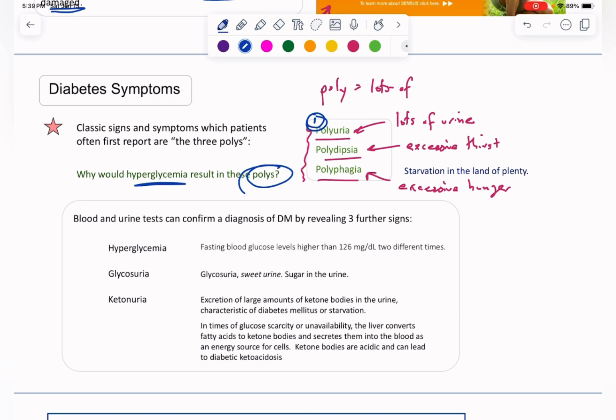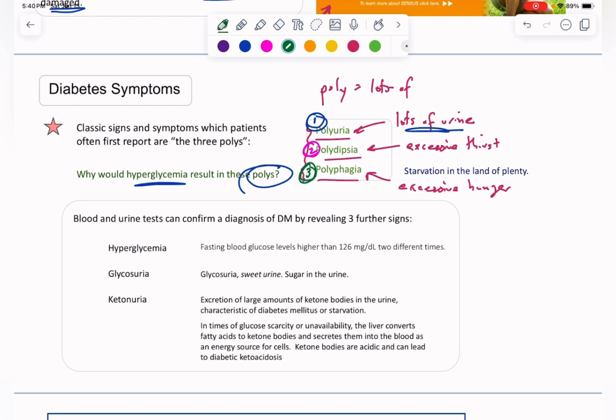So again, high levels of sugar in the blood result in high levels of sugar in the urine, and water follows that sugar into the urine as a result of osmotic principles. Now, because you're urinating a lot, you're going to be thirsty a lot because your body's getting rid of too much water. And then what about polyphagia?